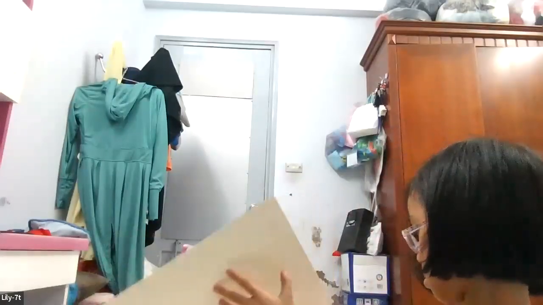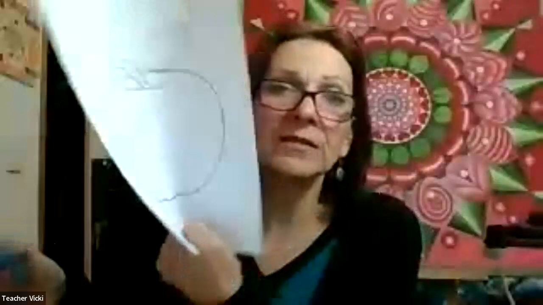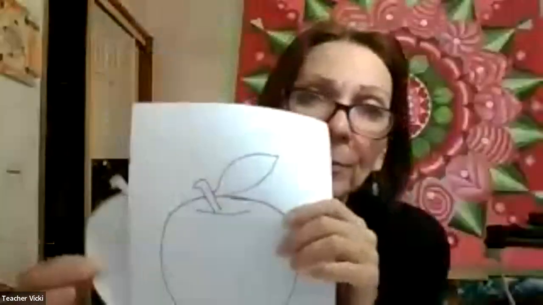I want everybody to get a pair of scissors, right? And I want you to cut around this. All right, I want you to cut around and then you'll have this. So I want you to take a pair of scissors and cut very, very carefully around your apple.